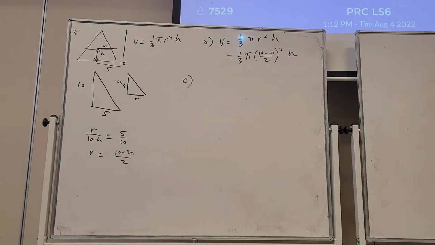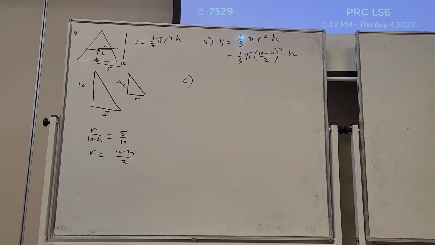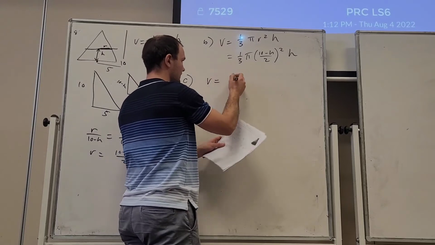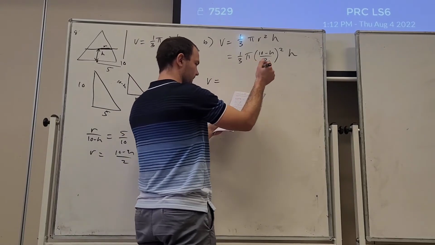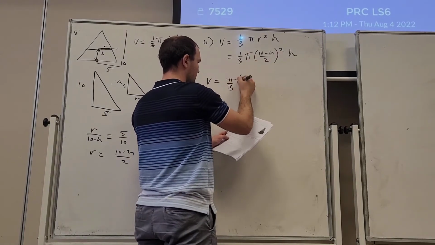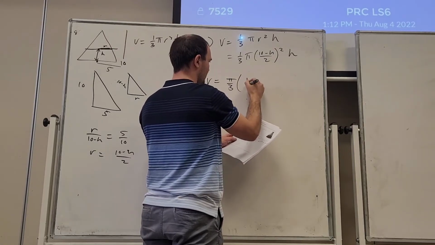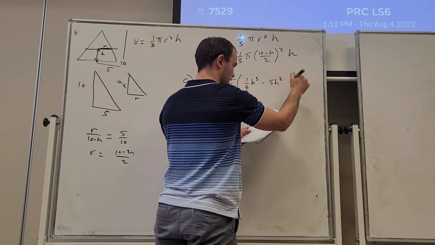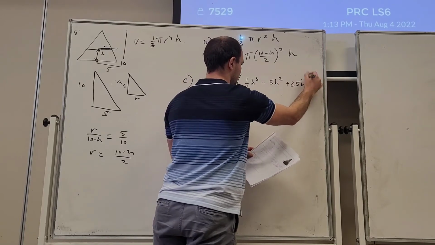Part C, find dH on dt in terms of dV on dt, and hence state the units. So if you keep processing this and you get it to the form that they've got, you've got V is equal to pi on 3 multiplied by 1 on 4h to the 3, take 5h squared plus 25h.